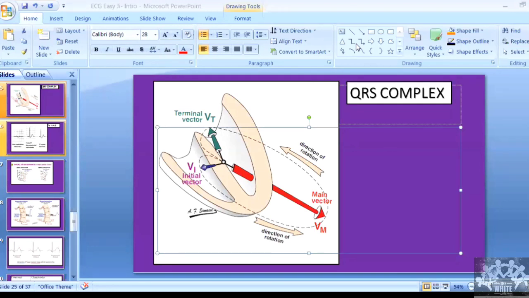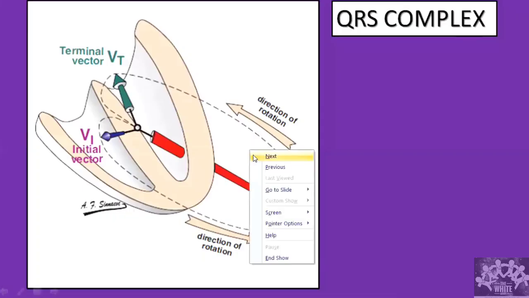Video live, but not audio. Okay, I'll start with the QRS complex.